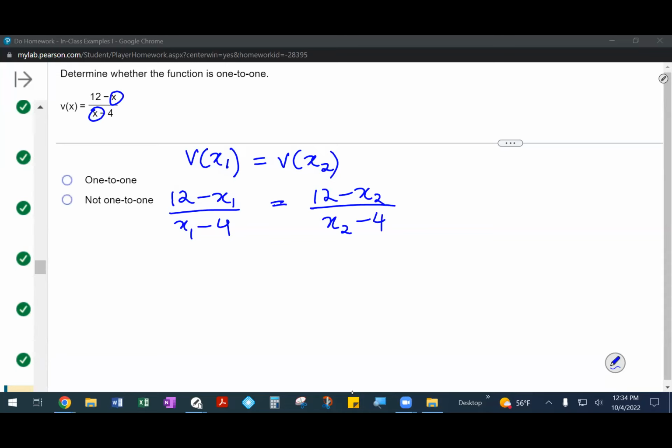So obviously you can see we have two fractions, left-hand side and right-hand side, so we can use cross product to simplify these.